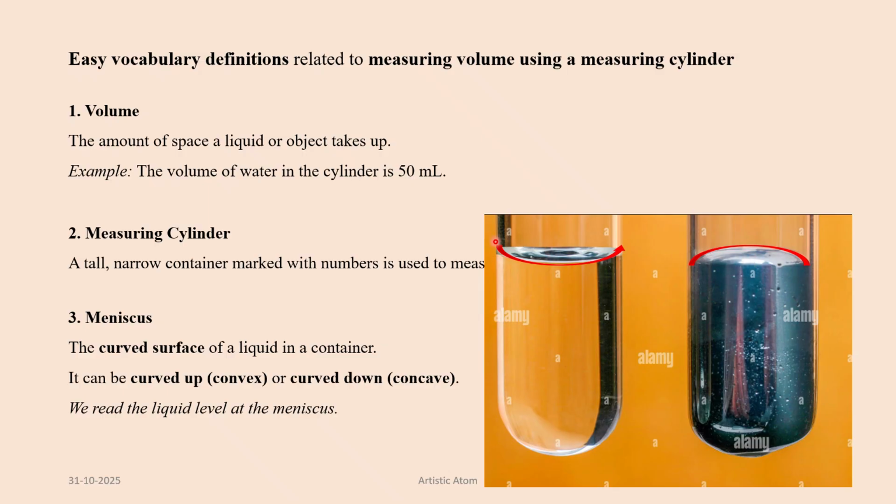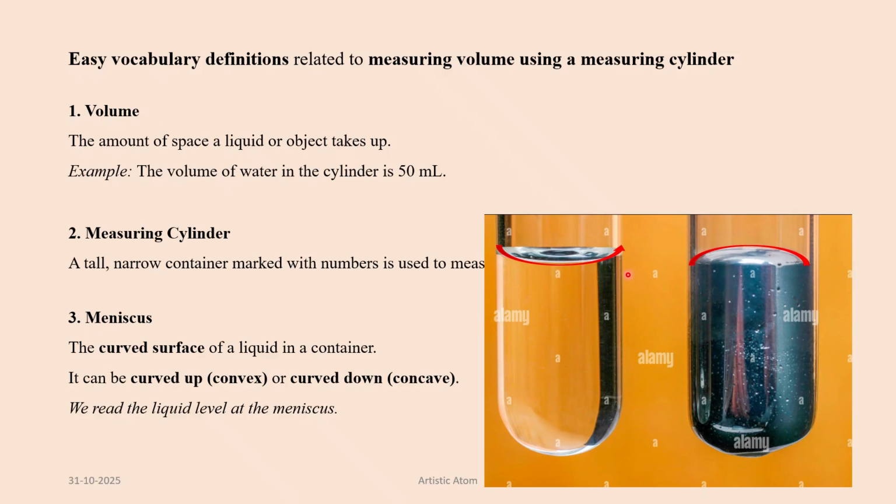A concave meniscus is curved down like a cave. In a cave, we know that there is some kind of depression. So whenever you see a depression, it is a concave meniscus and it is always curved down. The opposite of this is when you see a curve upward, which we call a convex meniscus.